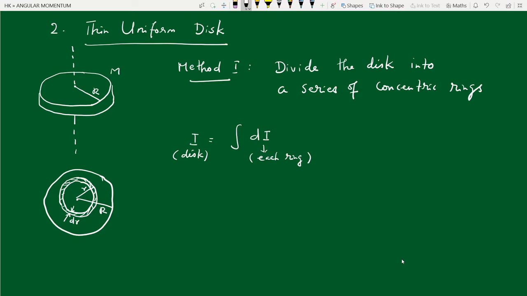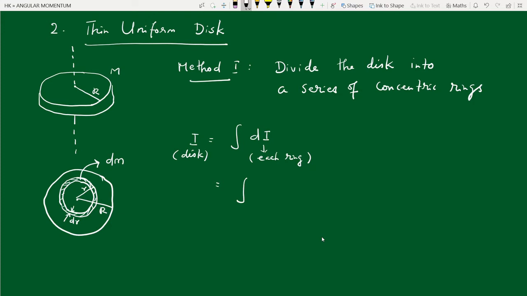Now when you consider such a ring, we assume that its mass is some dm, and its radius is small r. So we consider one such ring of mass dm and radius r. If you know the mass and radius of a ring, we know its moment of inertia dI.